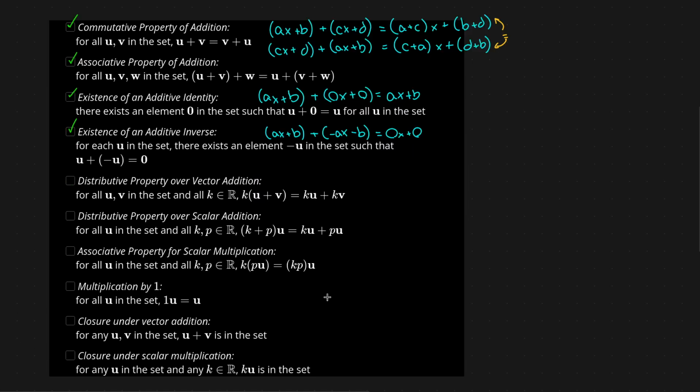What about the distributive property over vector addition? Well, we know how the addition of linear functions works. And so we know that this is going to hold. This is something that we've dealt with since elementary algebra. Okay. Similarly, if I take scalars and then multiply by one of these linear functions, I know that the distributive property works here.